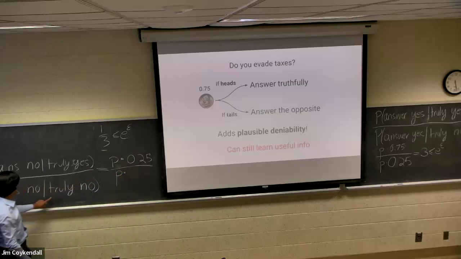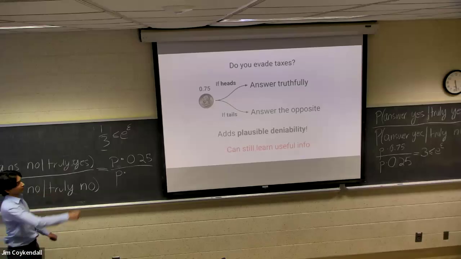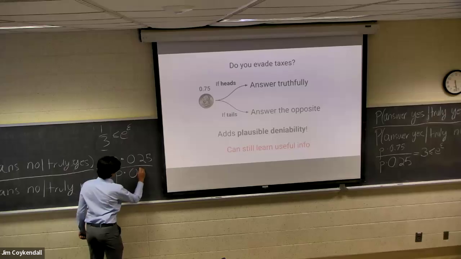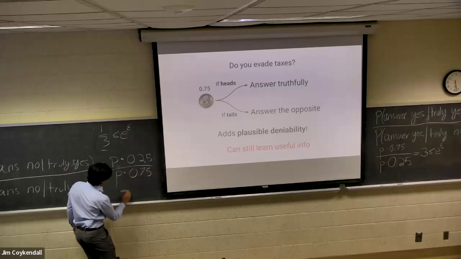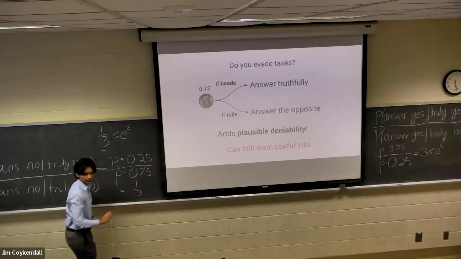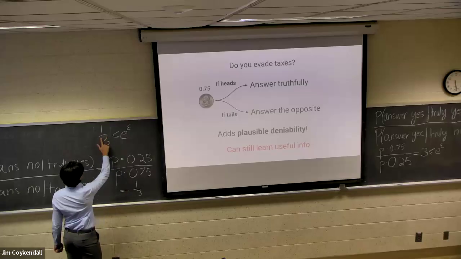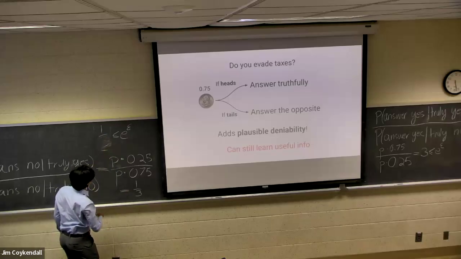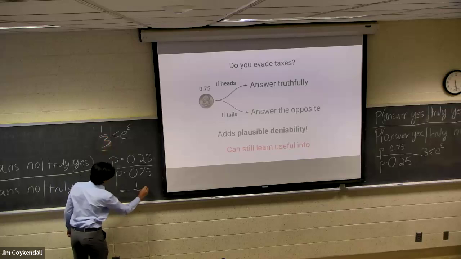Similarly for the denominator, probability that they answered no, given that they truly do not evade taxes, is 0.75. So we get 1/3 again here. Sorry, I've been writing 1/3 over and over again. No, that is 1/3. Okay.